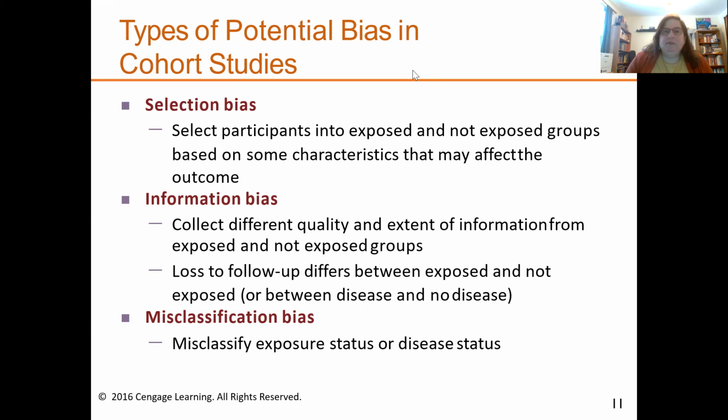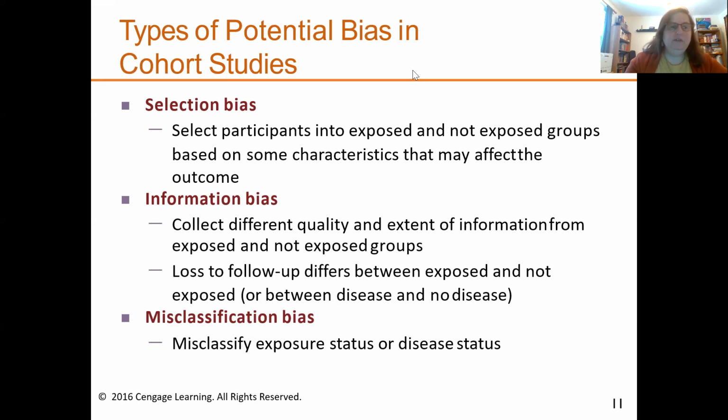Right? Loss to follow-up can be a big issue, and it can be a big differential issue. Okay. And collecting different quality and extent of information can be caused by loss to follow-up if you don't have them, but it can also be that sometimes there's less information available for one group than the other. Or even a collection error.